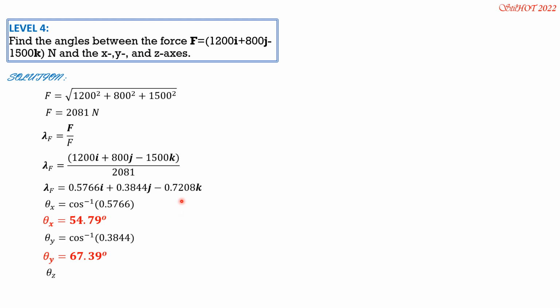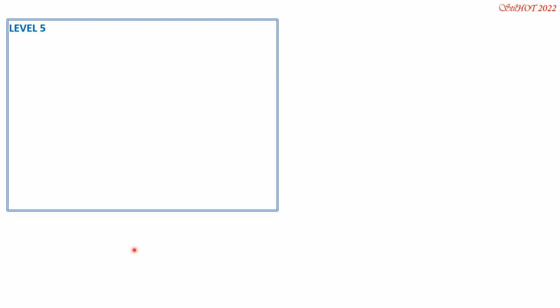Theta z is inverse cosine of negative 0.7208. Remember, if the direction cosine is negative, the angle is more than 90 degrees. So 136.1 degrees.